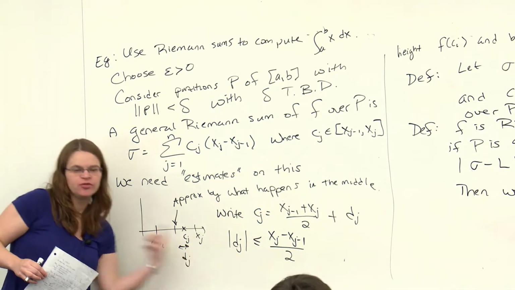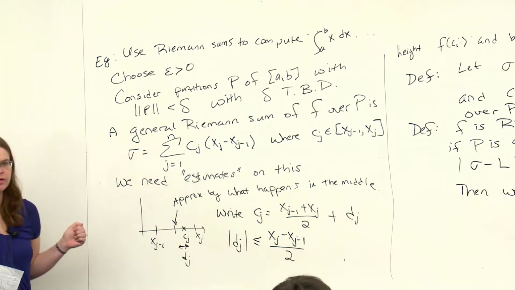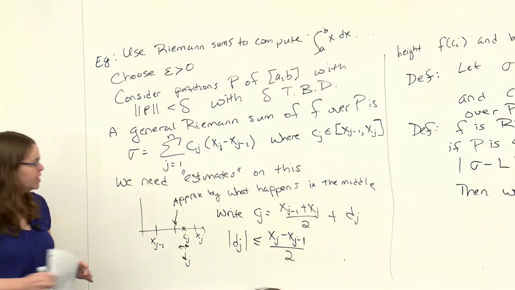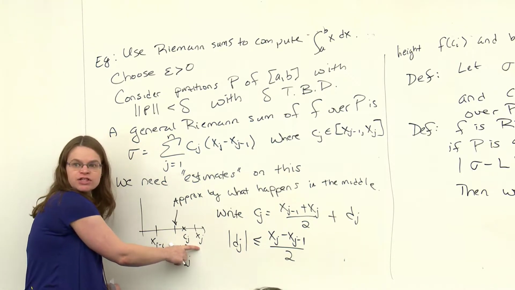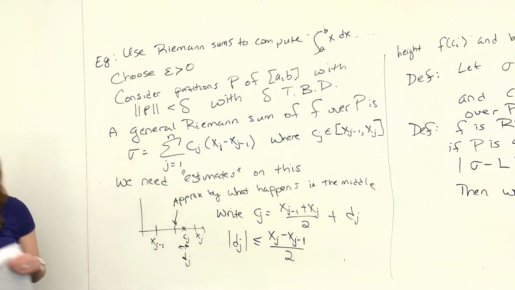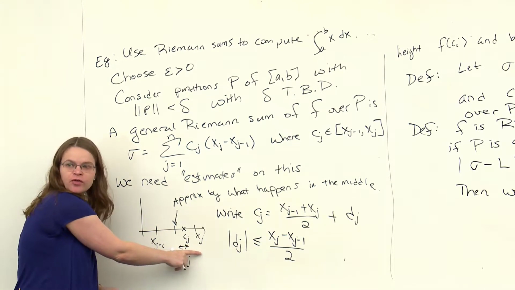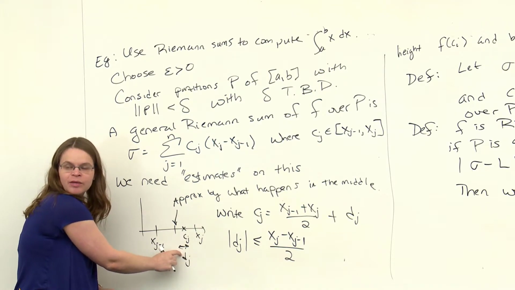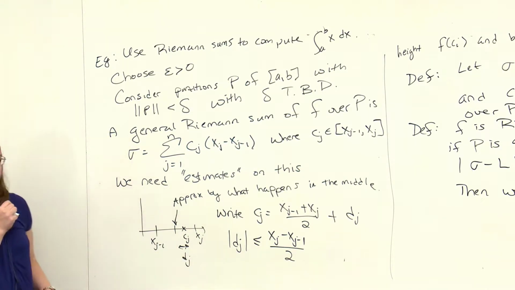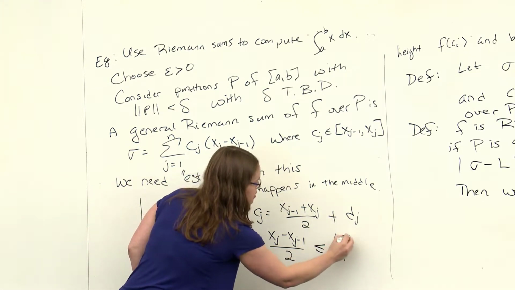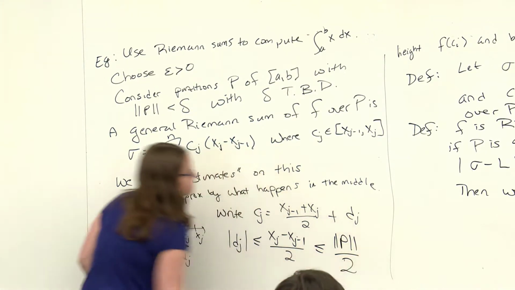I've just drawn one of them, but there's a bunch of them. It's bounded by half the norm of p, exactly, right? So each one of these intervals is less than the norm of the partition, right? Because the partition size was equal to the biggest size of these intervals. This might be the biggest size of the interval, or it might be smaller than the biggest interval, but certainly in any case less than the norm of p. So we're going to write that this is less than the norm of p.